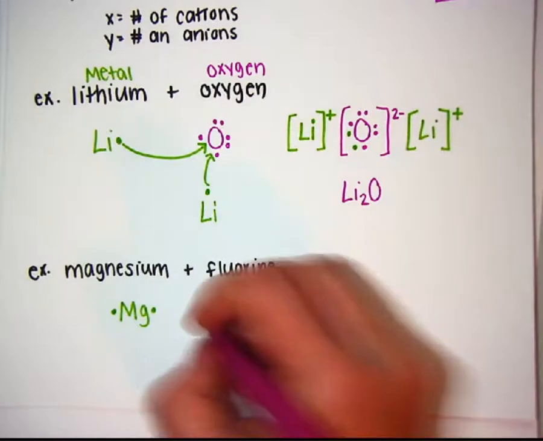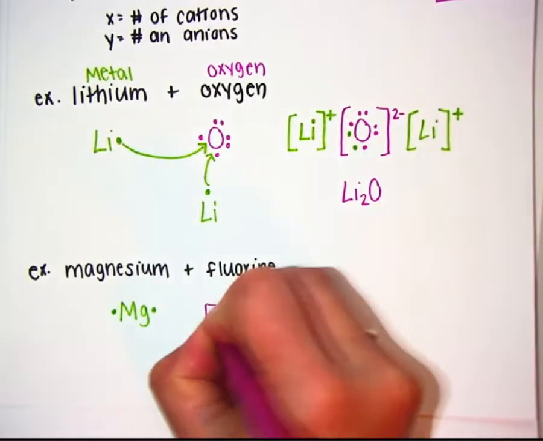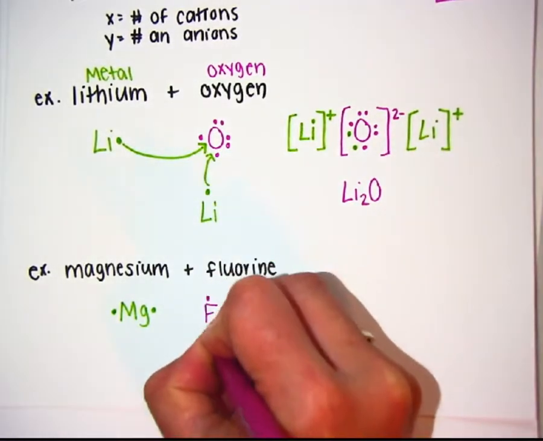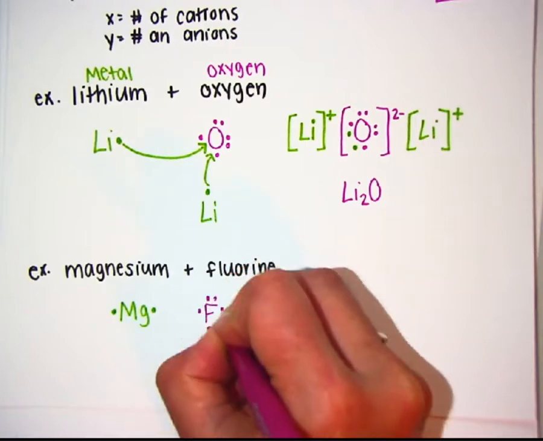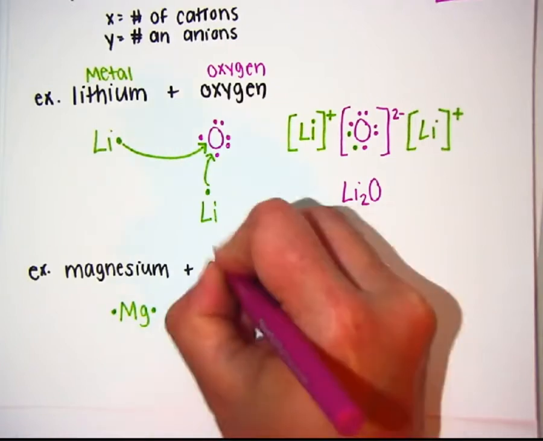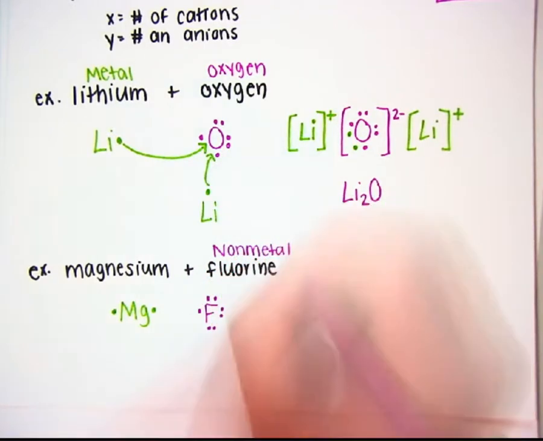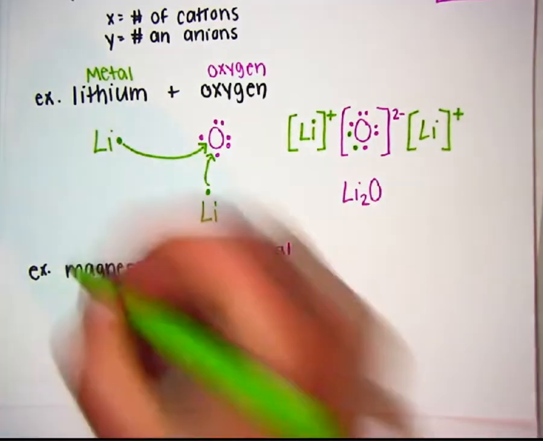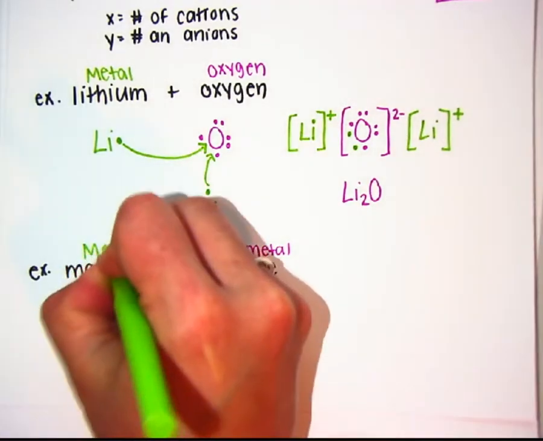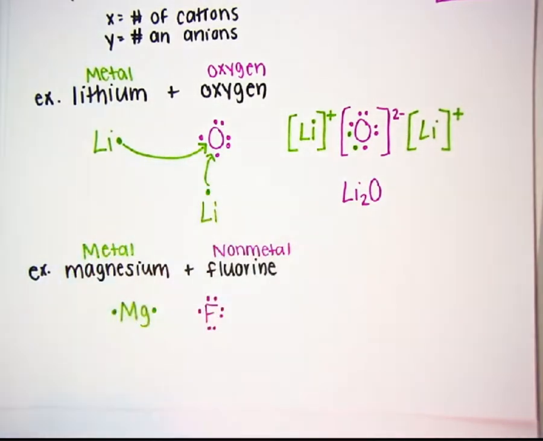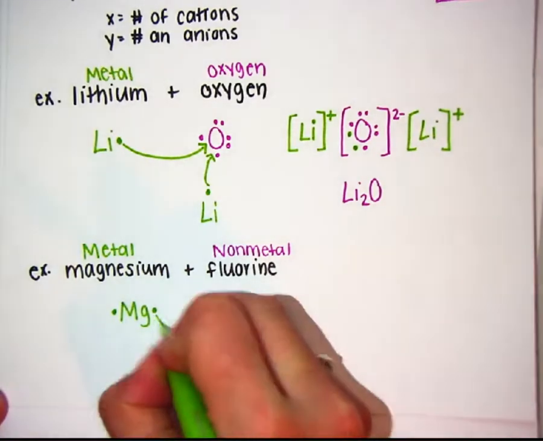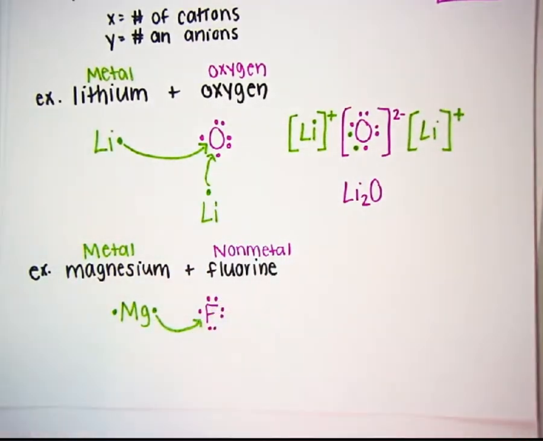It has 2 valence electrons. Fluorine is in group 7. It has 7 valence electrons. Fluorine is the nonmetal. Magnesium is the metal. We always draw an arrow from the metal to the nonmetal.